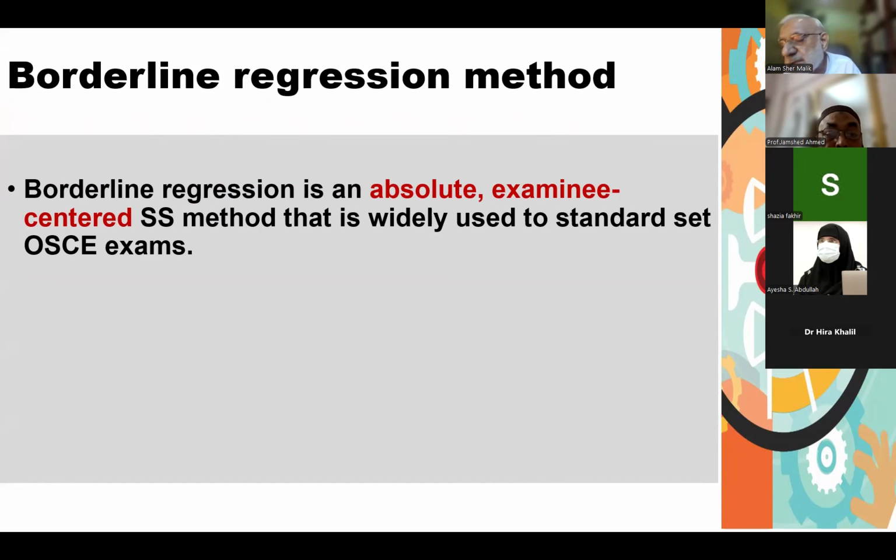Now ANCOF was test centered, and similarly the ABLE was test centered, but this is examinee centered, meaning that here we are looking at the performance of the candidates as opposed to the level of questions. Right? So borderline regression is an absolute examinee-centered standard setting method that is widely used to standard set OSCE exams.